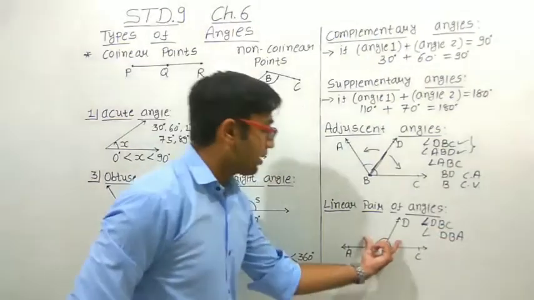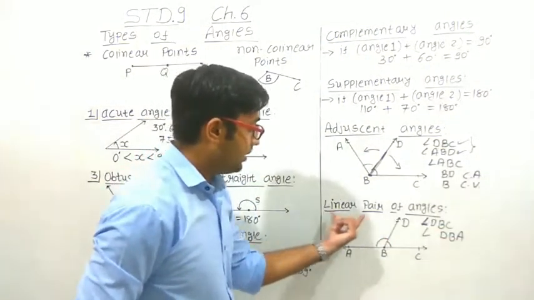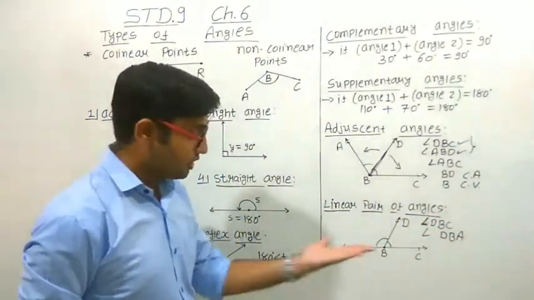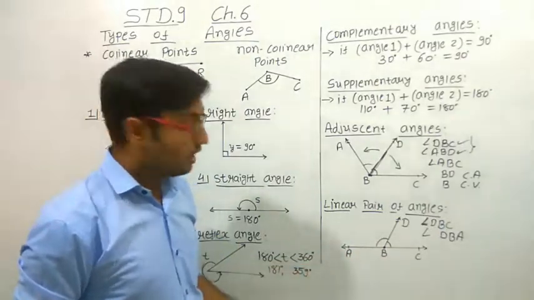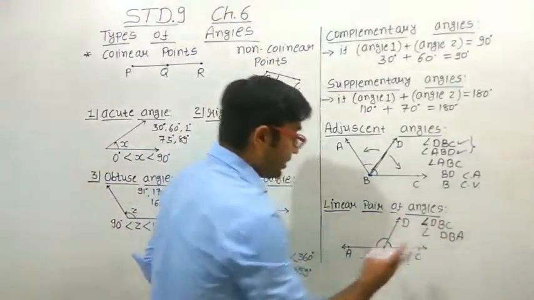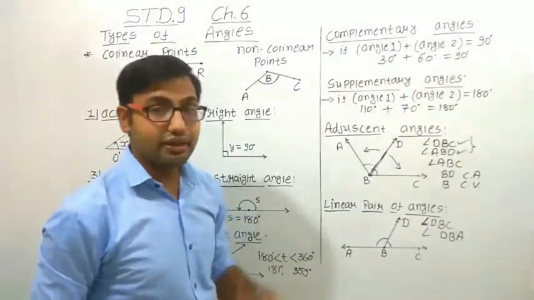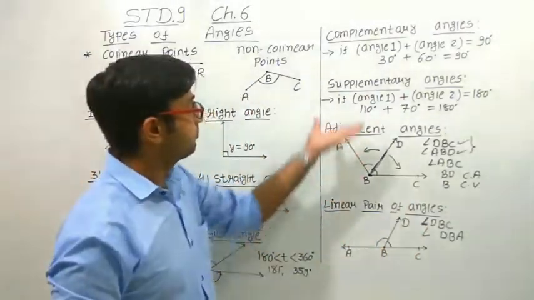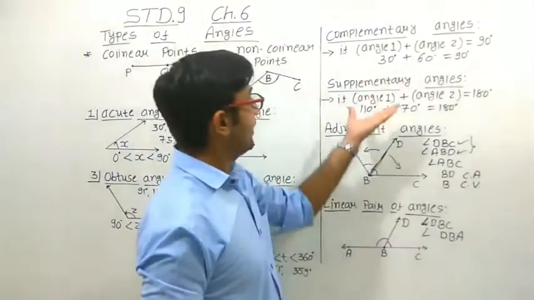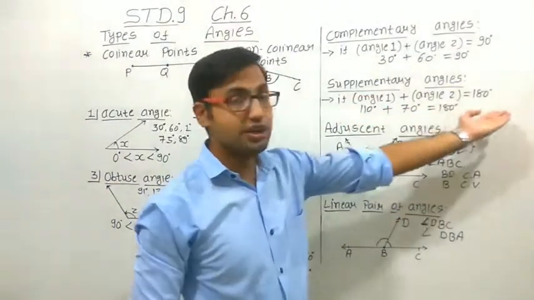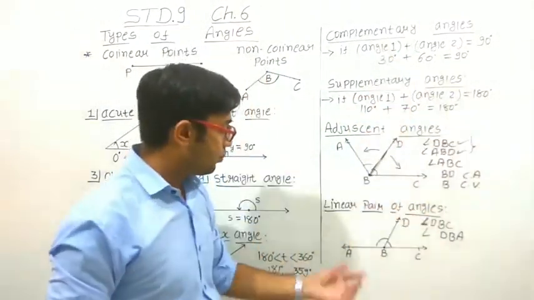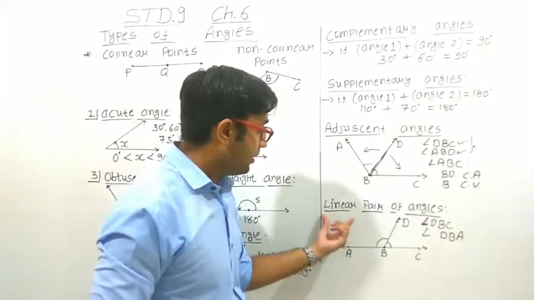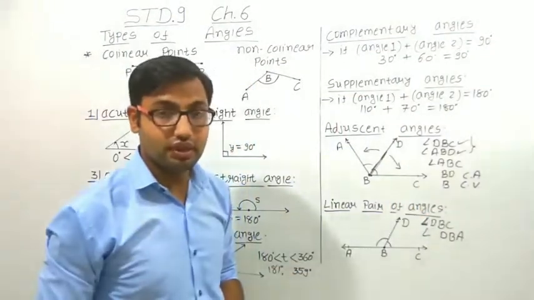Both these angles are called a linear pair of angles because they are on the straight line. We can also say that these two angles are supplementary angles because the total angle is 180 degrees. If two angles have the addition 180 degrees, then those two angles are making a linear pair of angles, right?